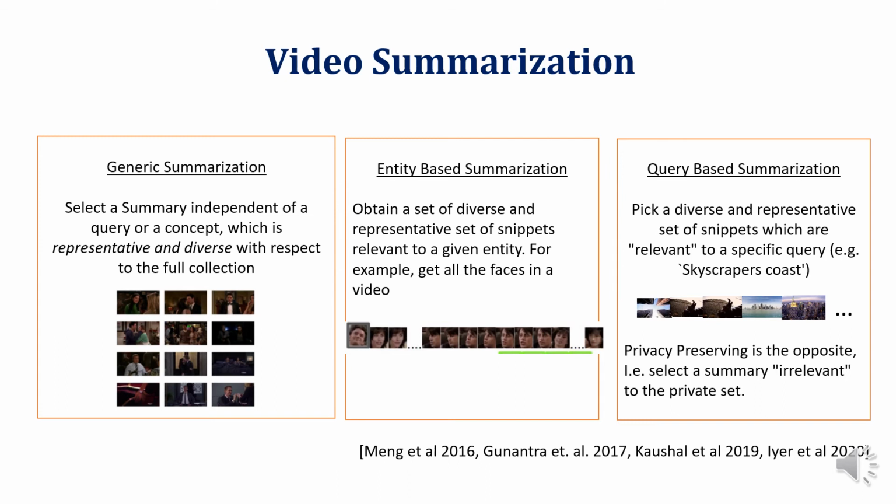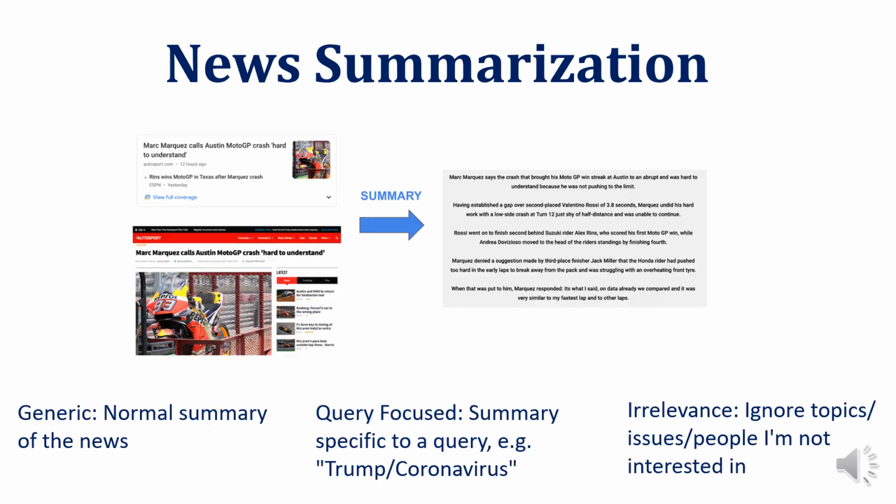across the frames. Third application is news summarization, lots of news articles. You may want a normal summary or a summary specific to a query, say Trump or coronavirus, or you may want queries that ignore topics, issues that you're not interested in.